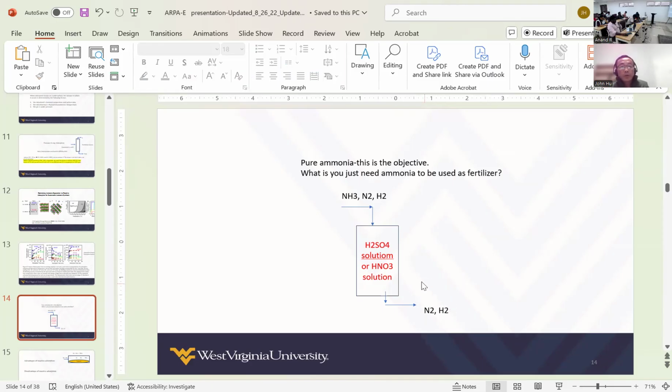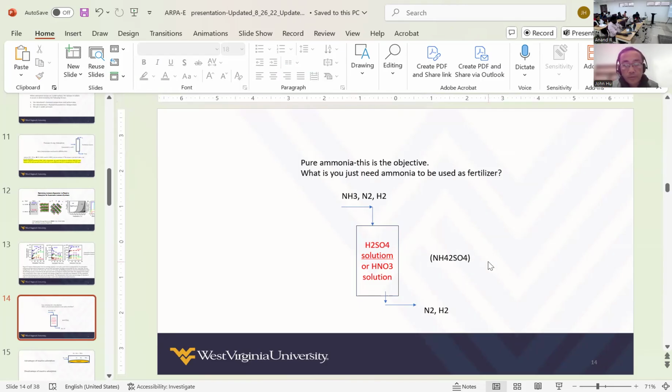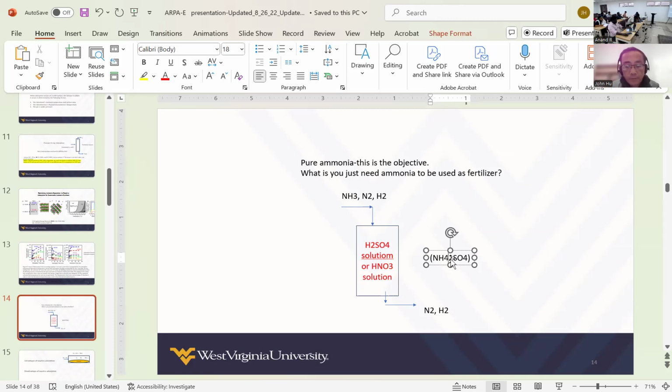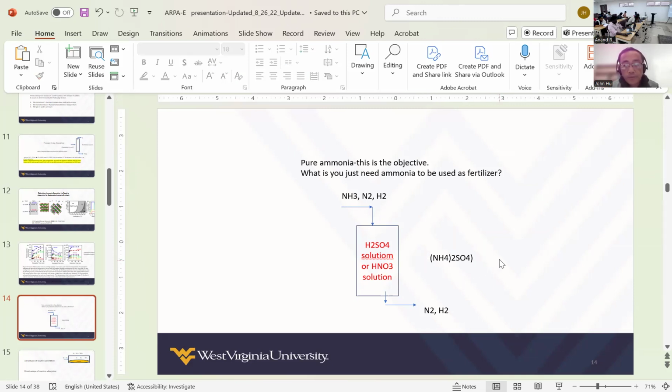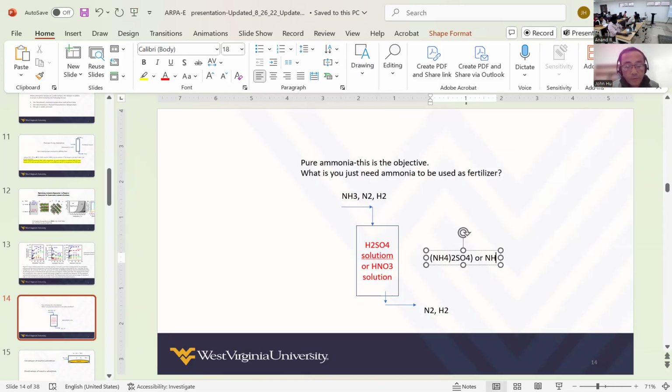So that means ammonia would be in a solution, all right? What is the ammonia going to turn into? Is that right?